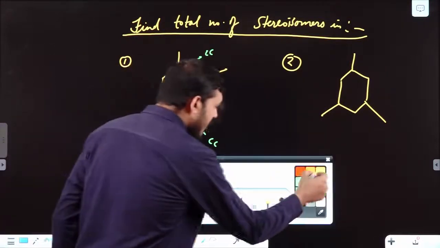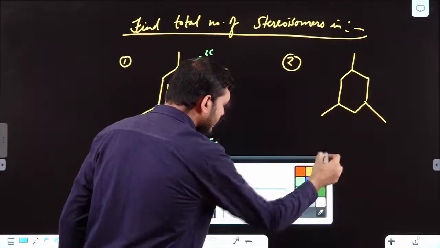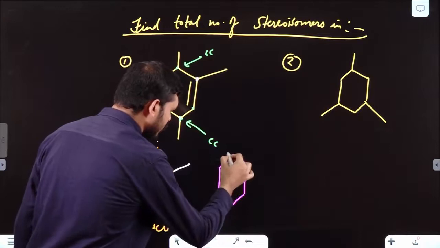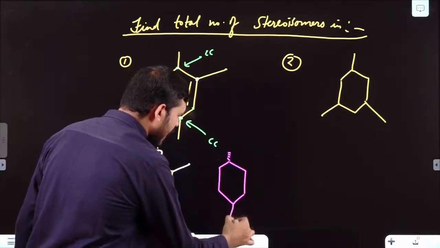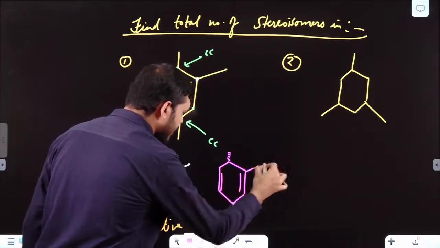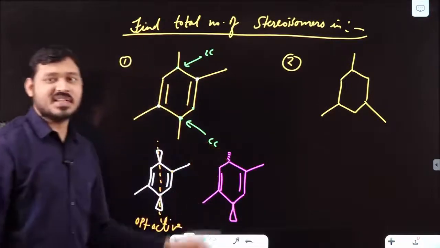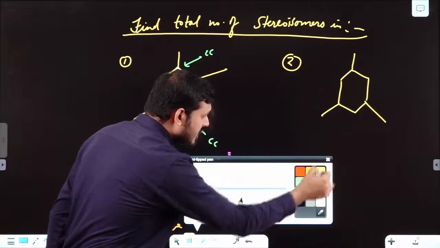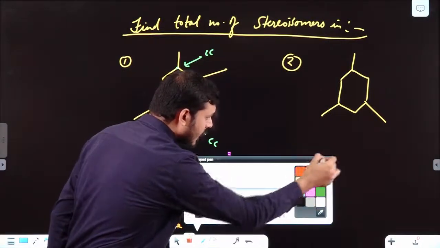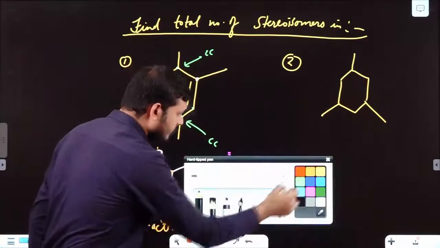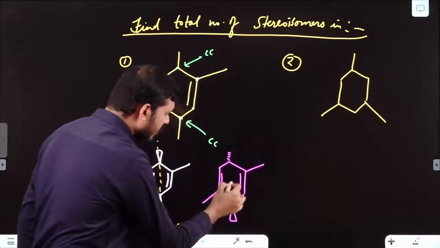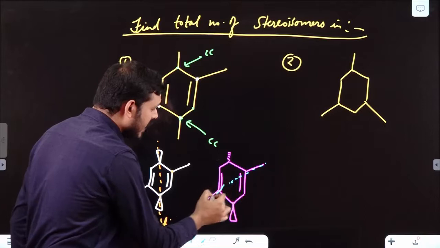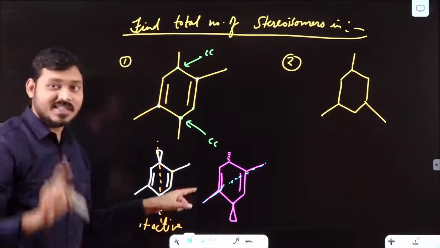Now let me draw another case where one is in dash and another in wedge. Now dear students, check this one. In this one, what you can observe is, from this part, if you go this side methyl, this side methyl, and these two are in the same plane.